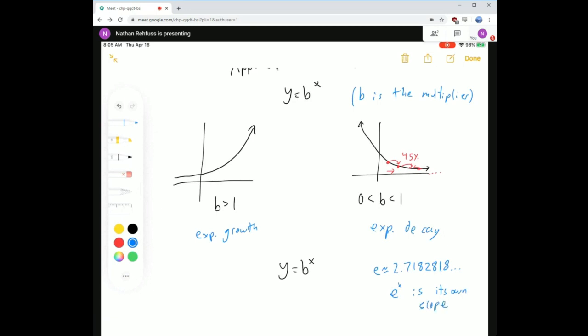And so if my function is y equals e to the x, then that's the y value. That's the current value of my population or what have you. And if I want to know what's the slope of that, well, it's the same as the y value. And that's really convenient. And since rates of change are so important to the analysis of these functions, we'd really prefer to have e as the base for any of these functions.